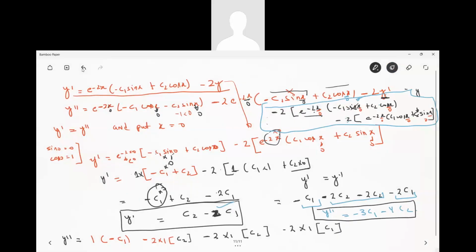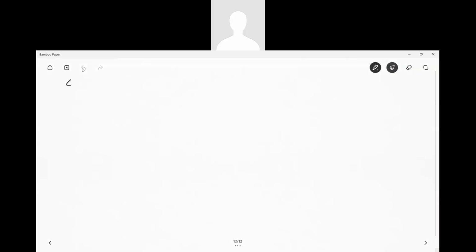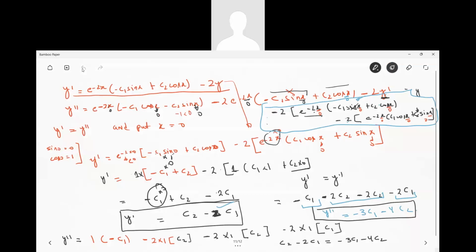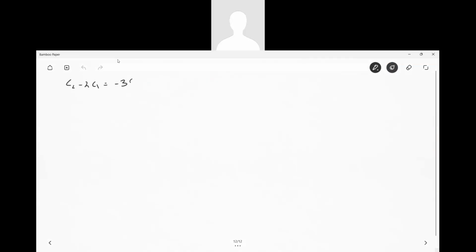So C2 minus 2 C1 would be equal to minus 3 C1 minus 4 C2, correct? Now already you have the value of C1. C1 is equal to 2, correct?